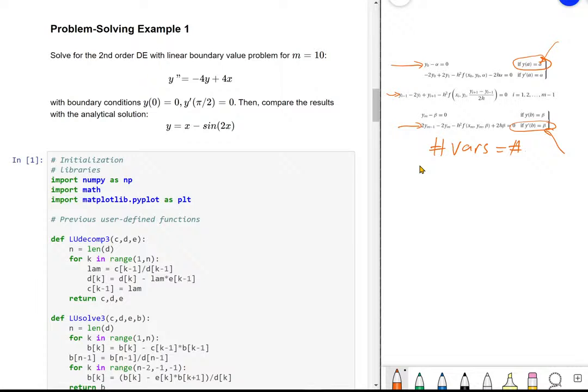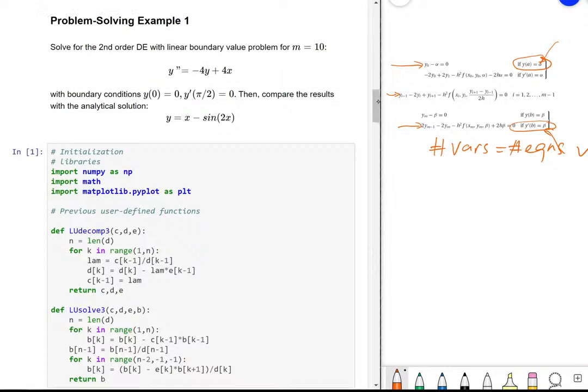So this is a system of linear equations, and you can observe from this example that we have the analytical solution: y equals x minus sine 2x. This solution is solved analytically.